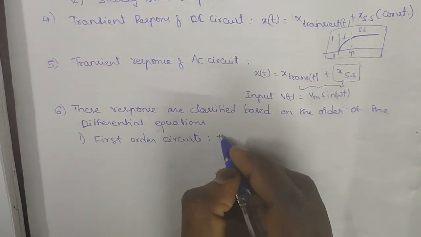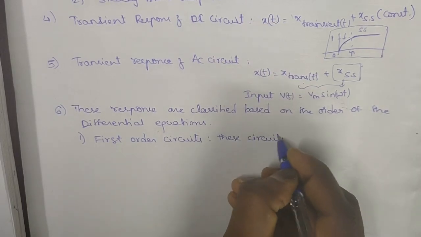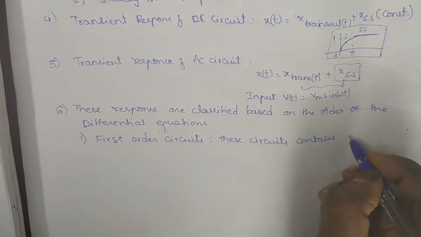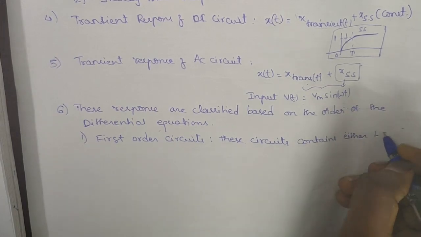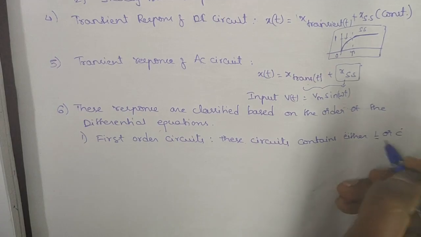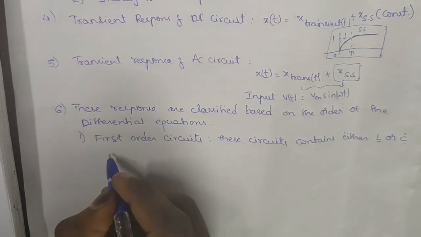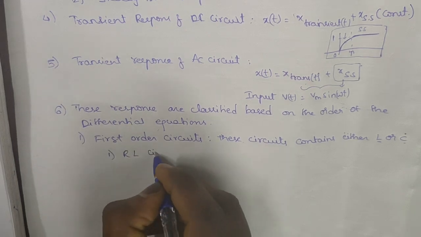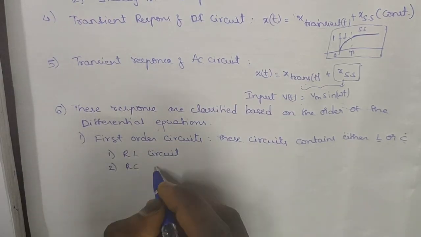These circuits contain either L or C, inductor or capacitor, not both. The combinations are the RL circuit, resistive and inductive, and the RC circuit, resistive and capacitive.